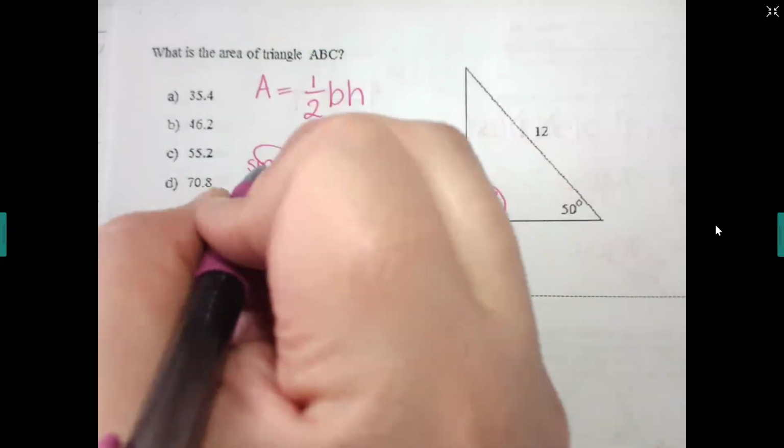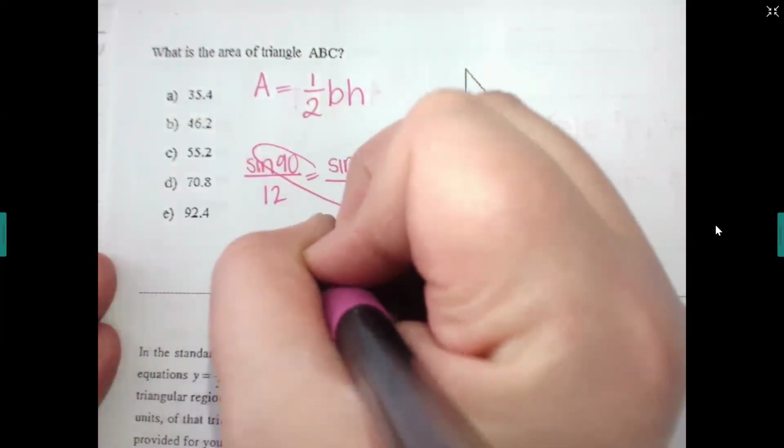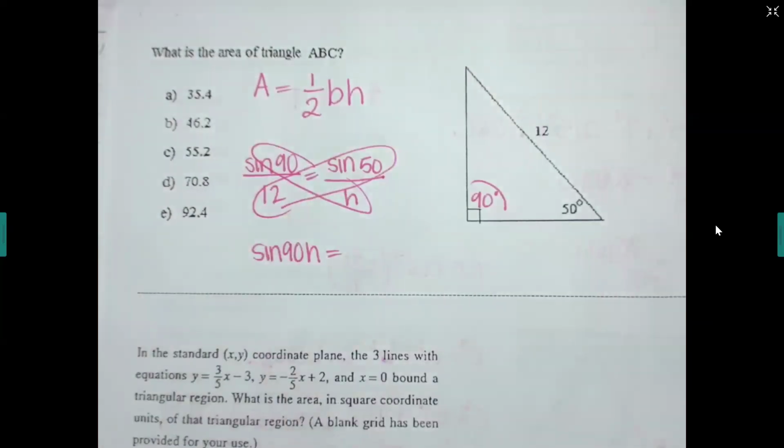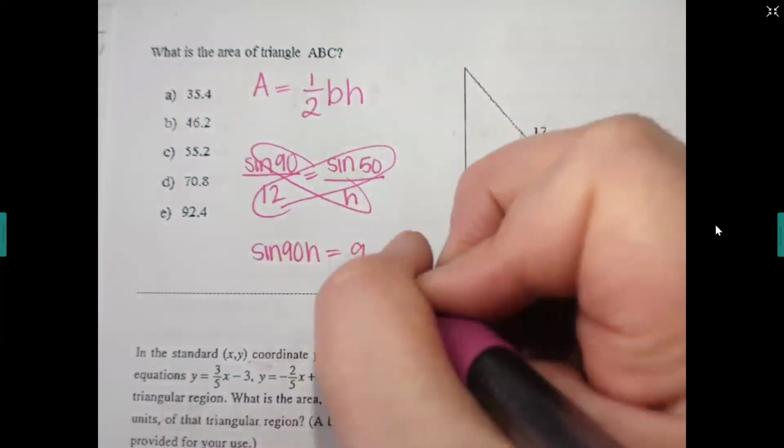So sine 90 times H is sine 90H. And then 12 times sine 50. What do we get for that? Okay, 9.193.